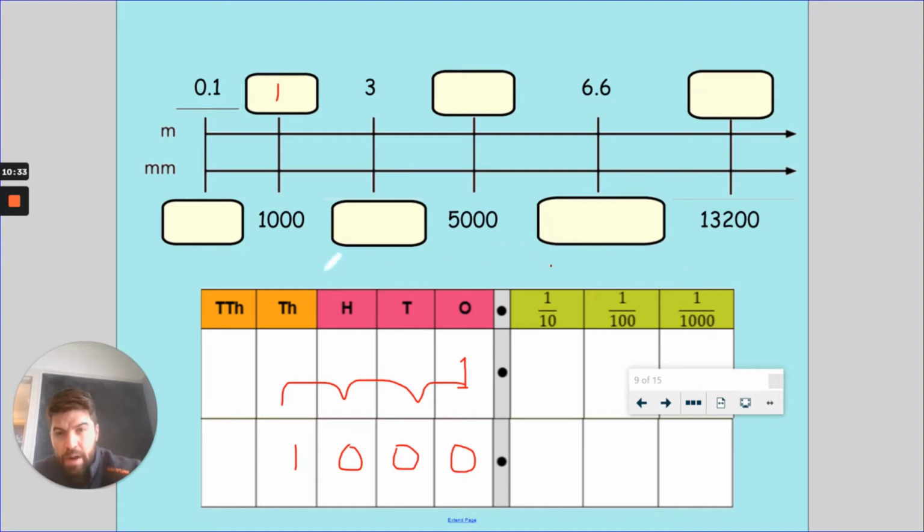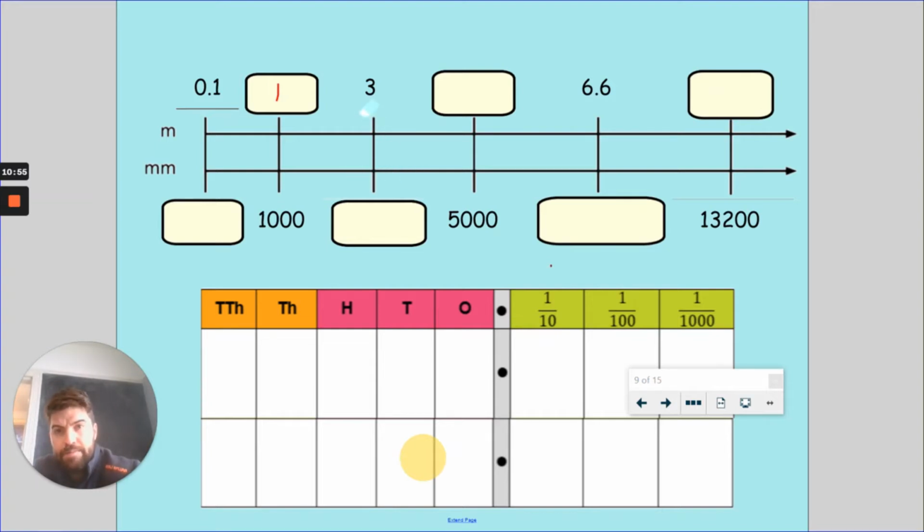So the actual calculation there was multiply by 1000. Right, so if that's what I did to find my first one, I'm going to be doing similar operations for all of the other ones.